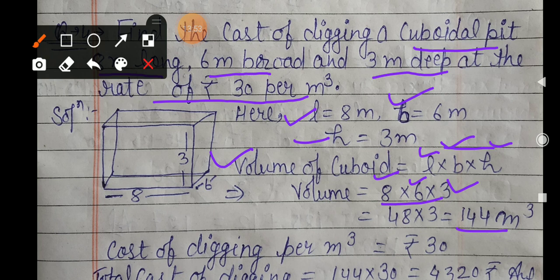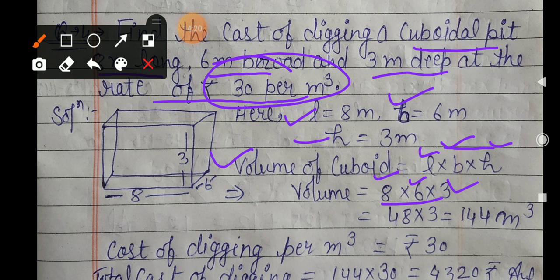And here you also have the cost of digging per meter cube as 10 rupees. Oh, 30 rupees, not 10 rupees here, 30 rupees. So 30 rupees is given for digging, this is the cost of 1 meter cube. So you have to use this cost and find the total cost for digging this volume.